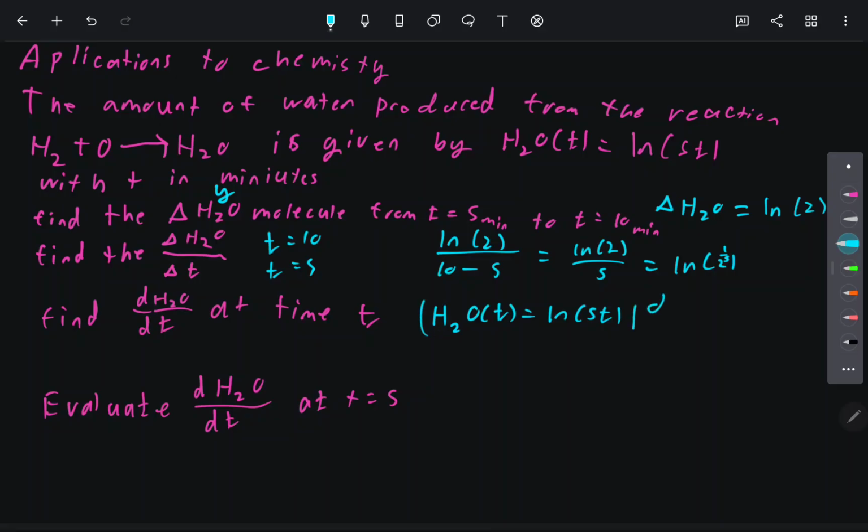We're going to take the derivative of this with respect to t, and we're going to get dH2O over dt is equal to, using the chain rule here, we know that the natural logarithm of 5t, taking its derivative with respect to 5t, is 1 over 5t, times the derivative of 5t, which is 5. This 5 and this 5 will cancel, leaving an answer of just 1 over t.